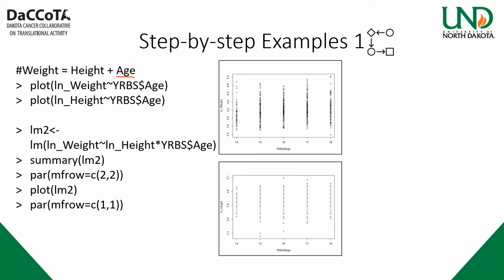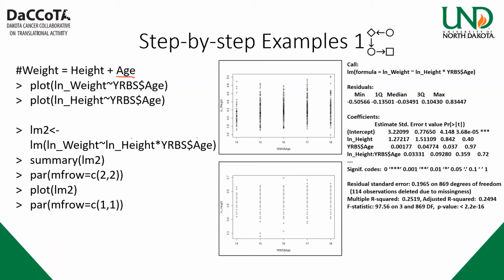So now we'll do our linear model again, and now we're going to use this formulation, which is height asterisk age, which is going to mean height, age, and then the interaction term between the two. And when we do the summary, we can take a look here.